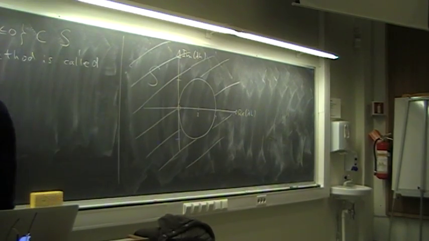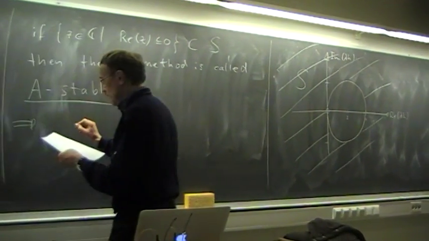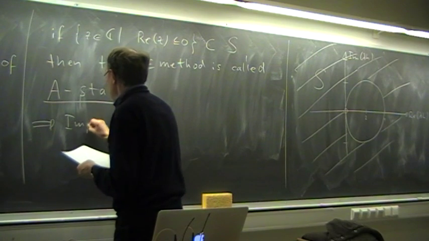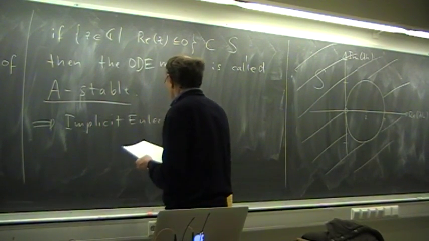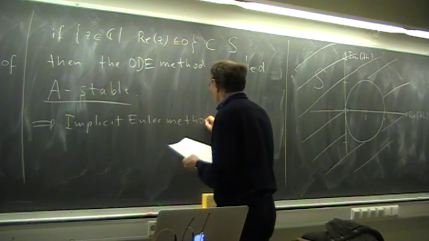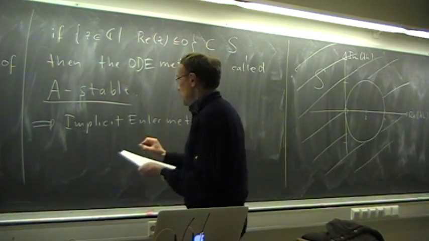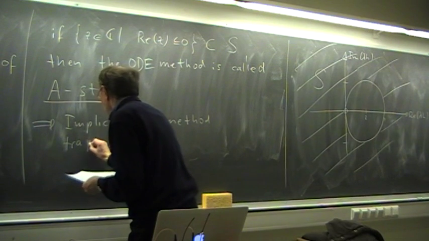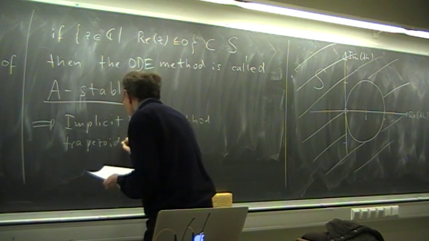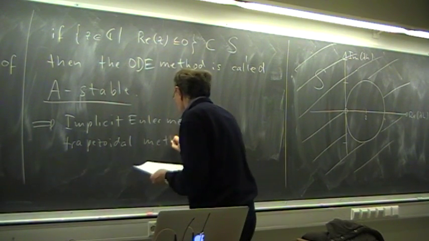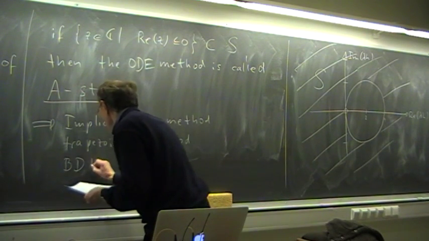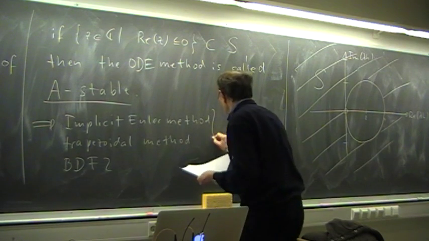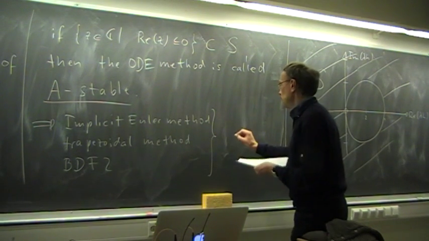So from using this definition, we can see that the implicit Euler method, the trapezoidal method, and the BDF2, they are all A-stable.